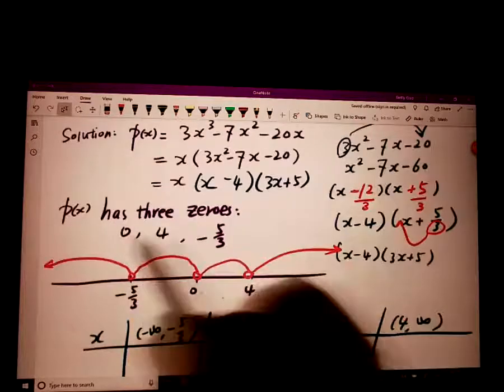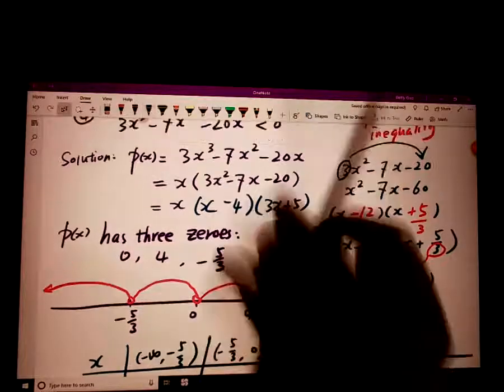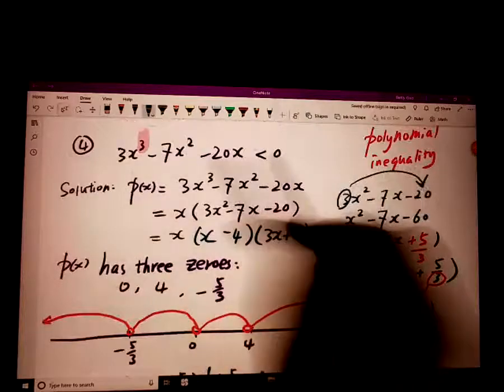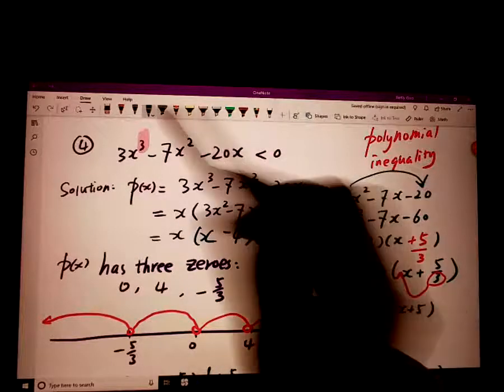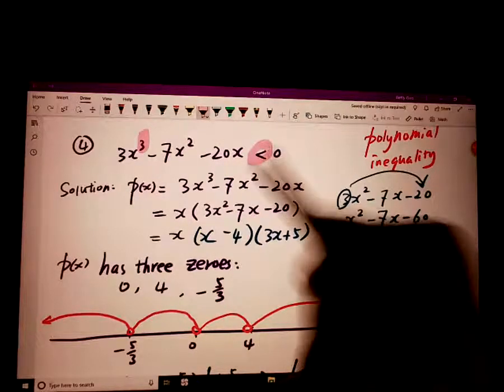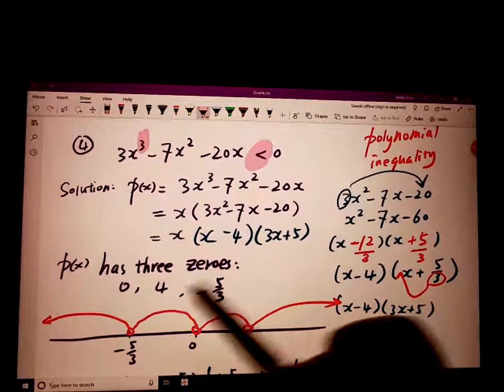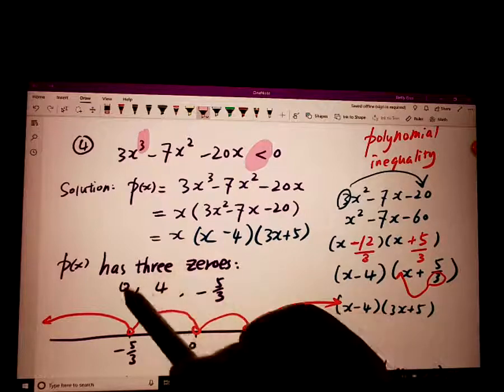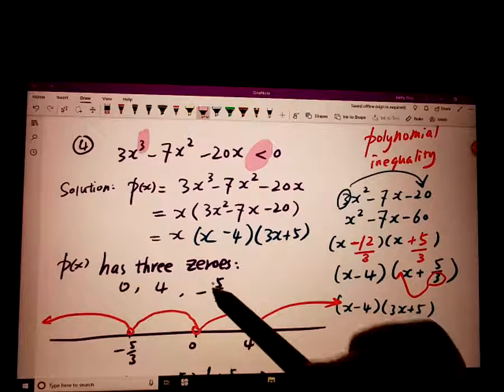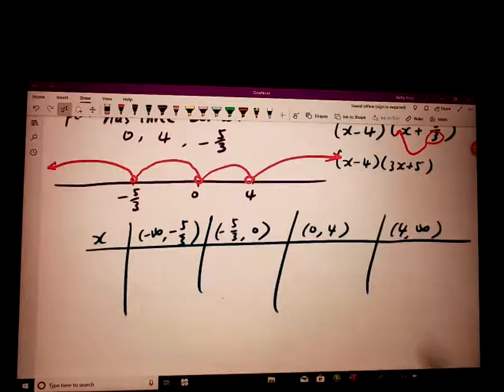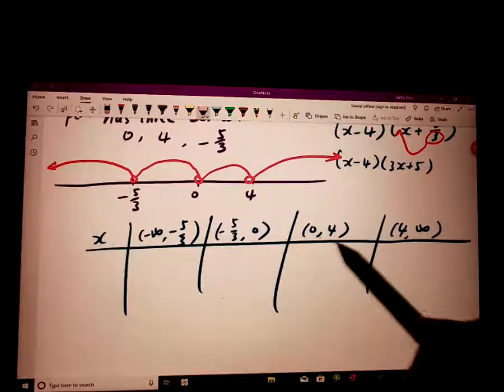Because we know those 3 zeros do not satisfy the original inequality. The original inequality has strictly less than. If you plug in those 3 values, you would have contradictions. So we do not include those 3 values in the intervals.